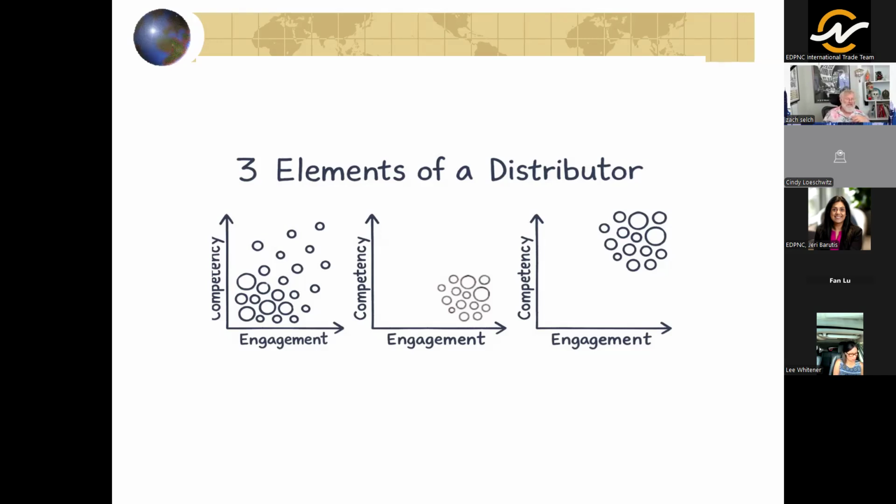So if we can get the distributors to be more engaged, the chances are we can then push them to get more competent. It is more difficult to drive up competency before we get the engagement, because we're asking something from them. By definition, we're asking them to become more competent.